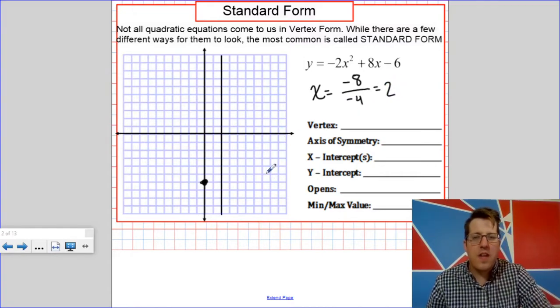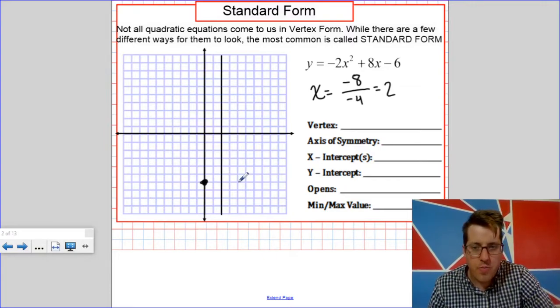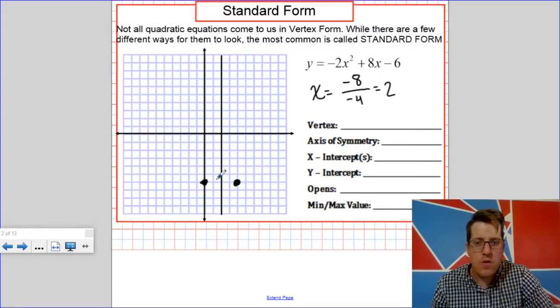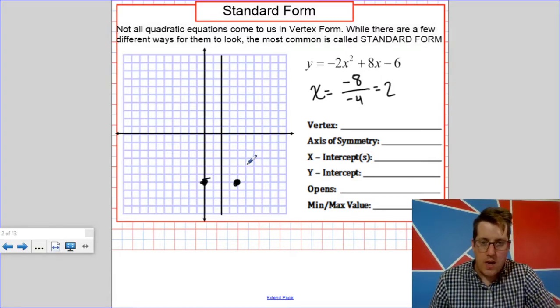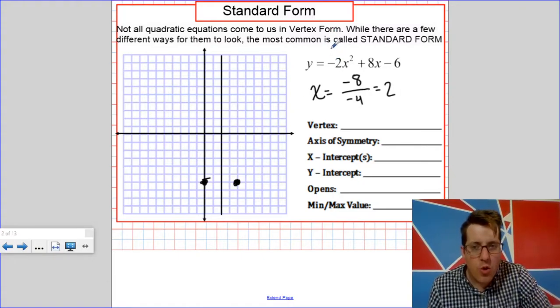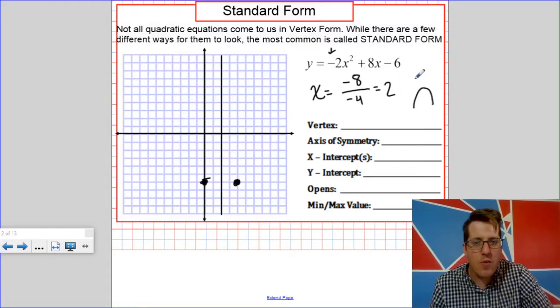Now, because that's an axis of symmetry, there would have to be another point right here to make these two points symmetrical. I know you're looking at this and you're like, okay, what more detail can you give me? Well, since this opens downwards, the graph is going to look like a frown.